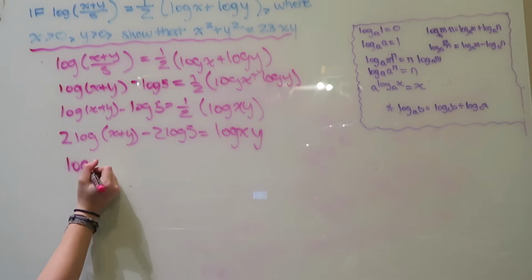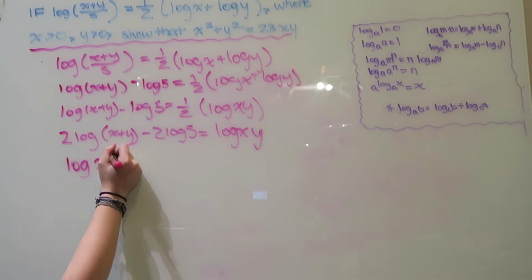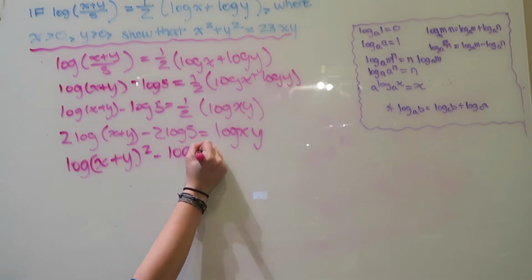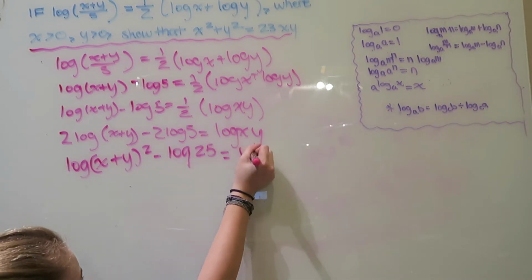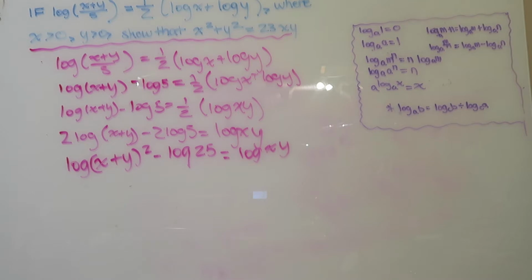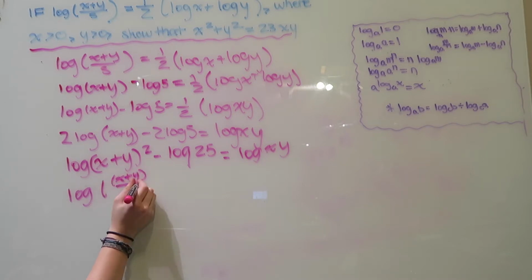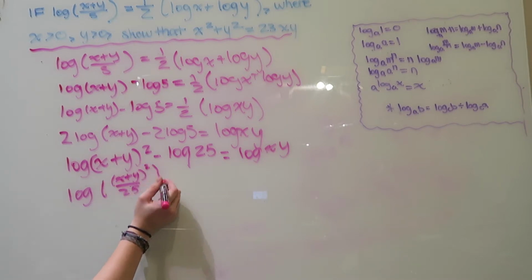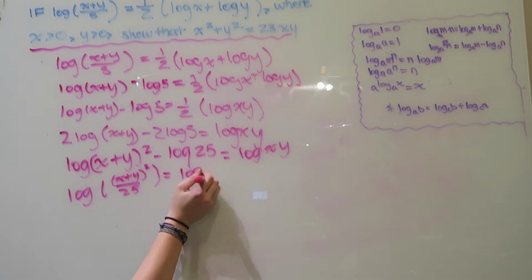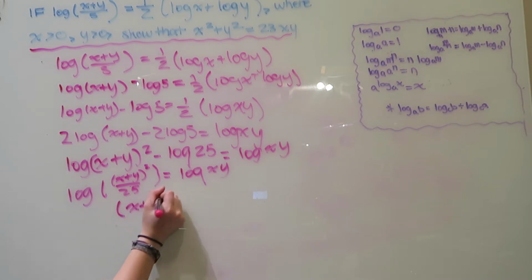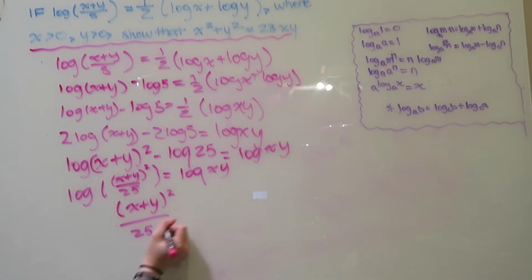This is the same as saying log (x plus y) squared minus log 25 equals log xy. To simplify this further, log of (x plus y) squared divided by 25 equals log xy. Since the logs on both sides are equal to one another, we can get rid of them. So now this equation is (x plus y) squared over 25 equals xy.